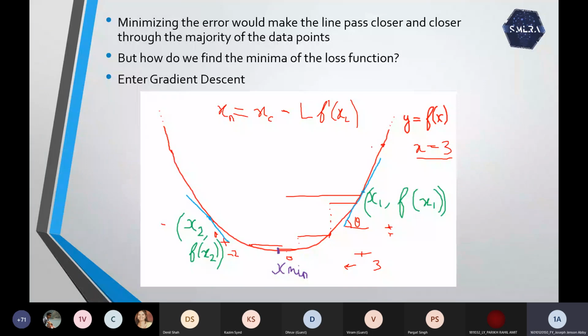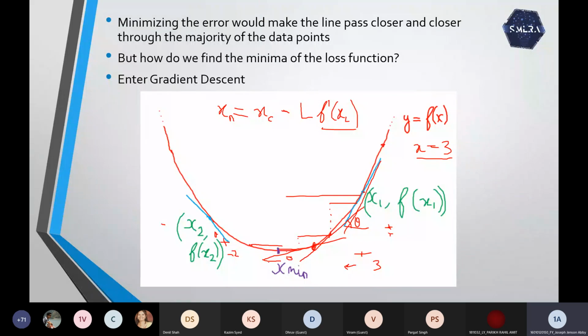Another helpful reason why we use the derivative is that if you observe this line, it has a particular slope. If you come here, you notice the slope has decreased. If you reach this point and draw the tangent, the slope has decreased more.